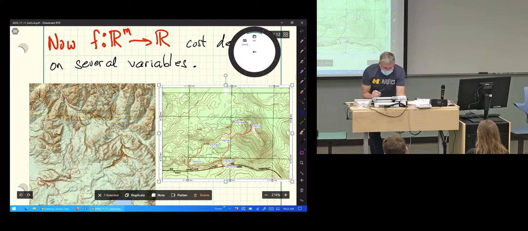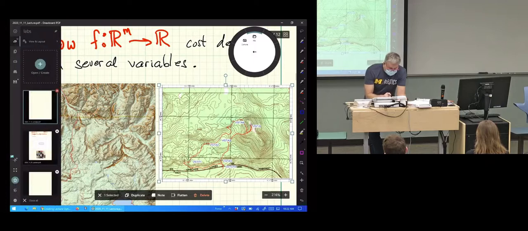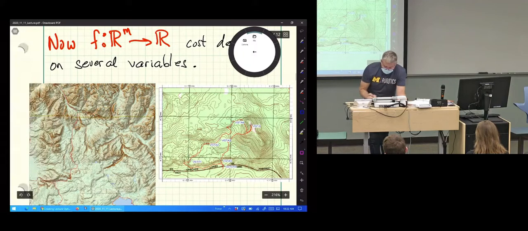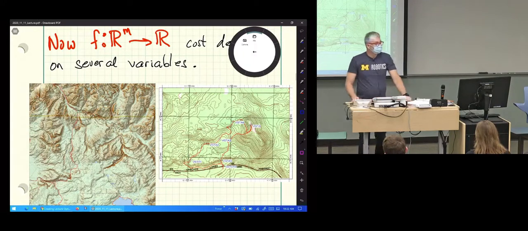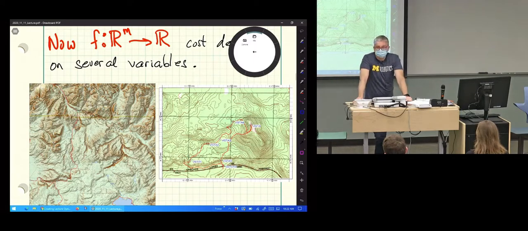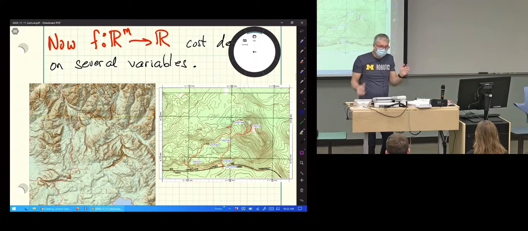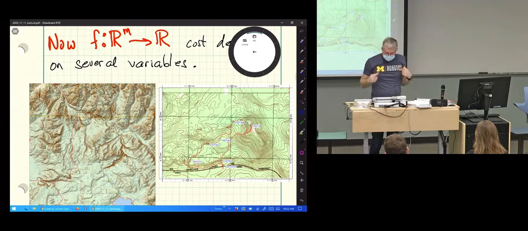So here I just want your physical intuition. What does a derivative mean here? It's the ground slope, okay? We're doing a gradient because we've got the change in height in the x direction and the change in height in the y direction. So it's a little more complicated than just our bowl we're looking into, okay?